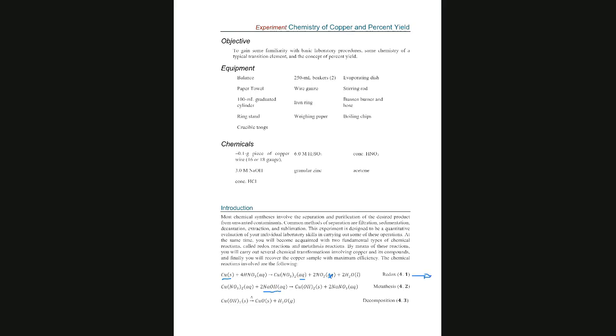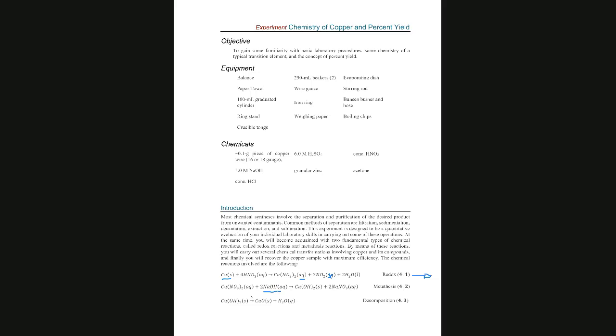We are going to look at why it's a redox reaction. This is important. Why is it a redox reaction? Because it changed the oxidation state. Redox reactions are the hardest to recognize, but you can look at a few things.